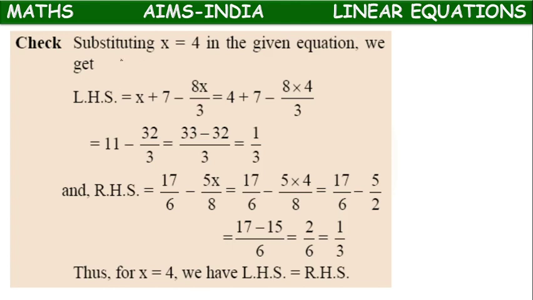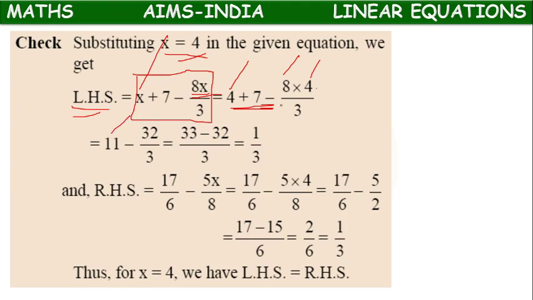This is the LHS part. Keep x equal to 4: 4 plus 7 is 11. 8x means 8 into 4, 32, by 3. 3 into 11 is 33, minus 32 by 3, 33 minus 32, 1 by 3. LHS value is 1 by 3.